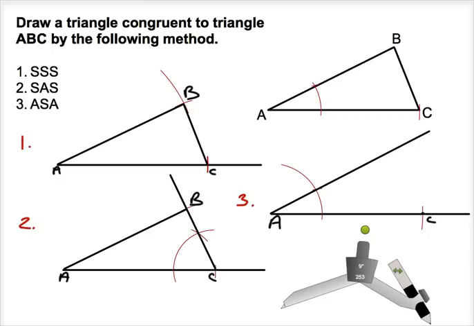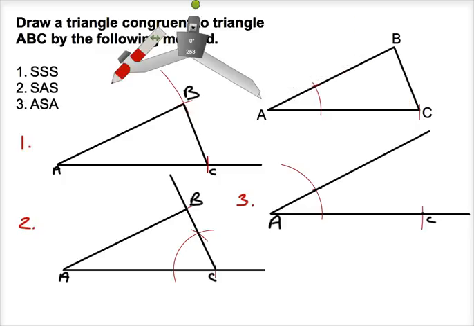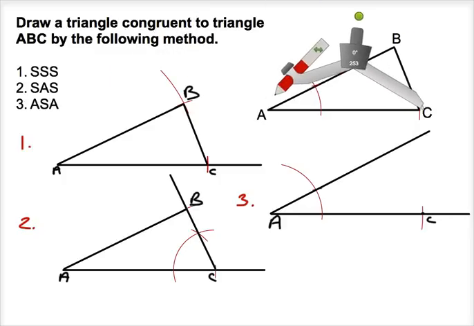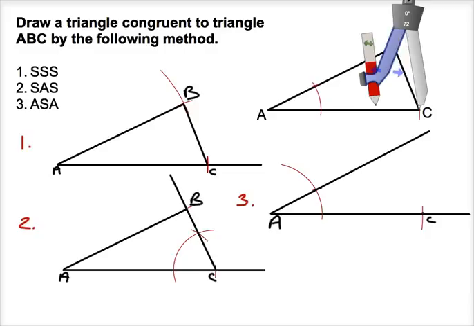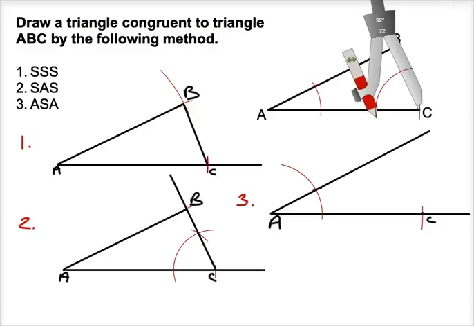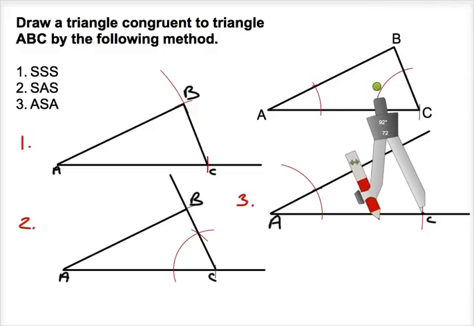Now I just need to copy angle C. So copying angle C, I need to put the point of my compass at the vertex, open up so I have an arc that will hit both sides of angle C. Transfer that down to the triangle I'm trying to draw.